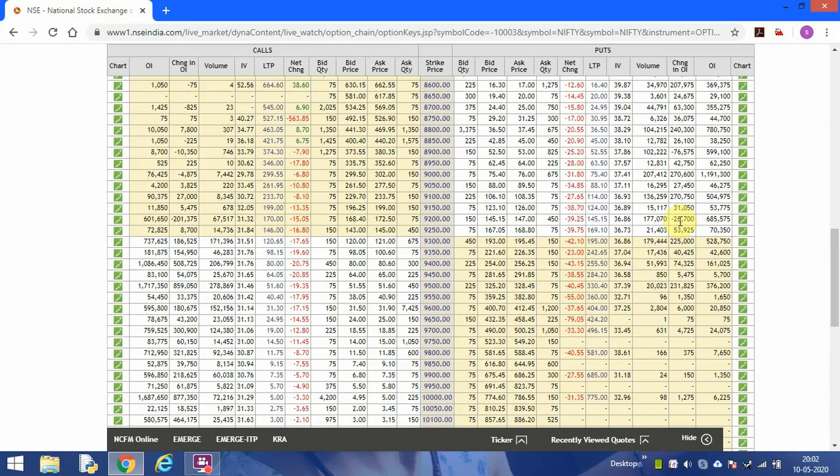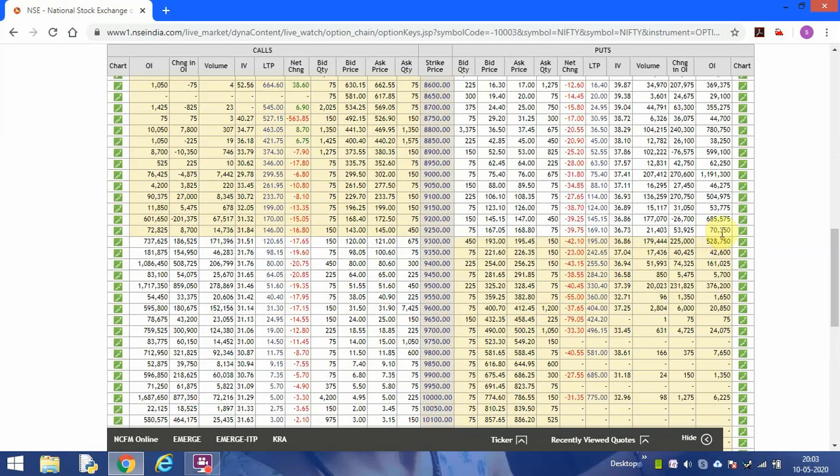So you are aware that there are always three levels: resistance 1, resistance 2, resistance 3, support 1, support 2, support 3. You have to always ignore the small numbers, like some thousands below 1 lakh.